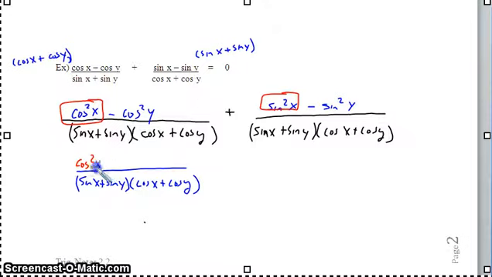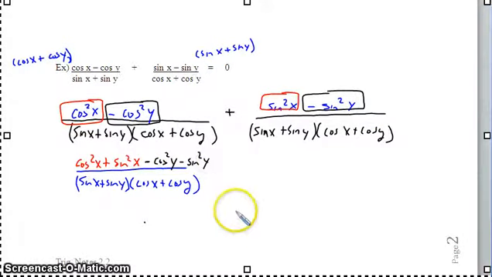So cosine squared x plus this sine squared x. And then I'll take the negative cosine squared y and the negative sine squared y and put those together. So minus cosine squared y, and then plus a negative would be minus sine squared y.